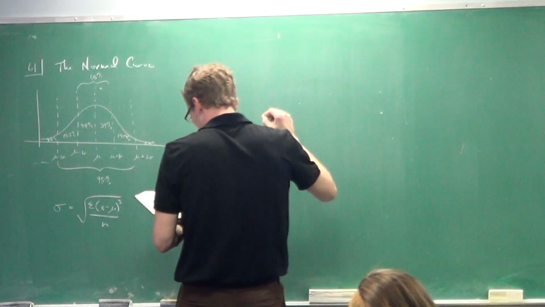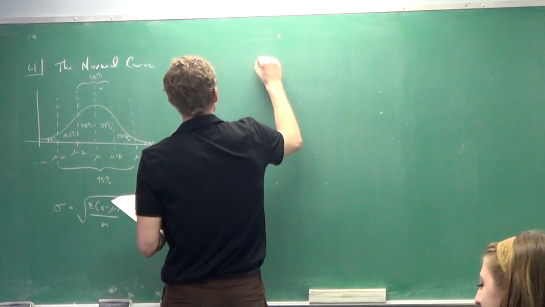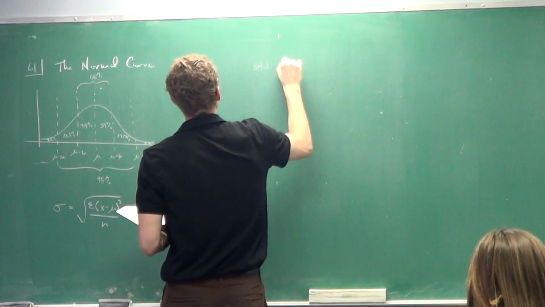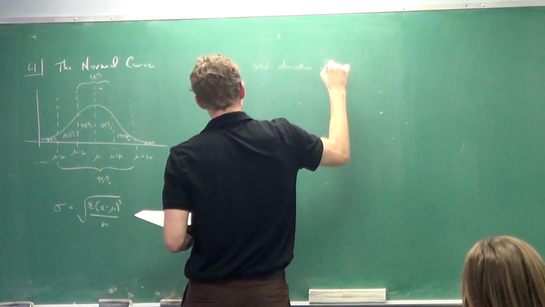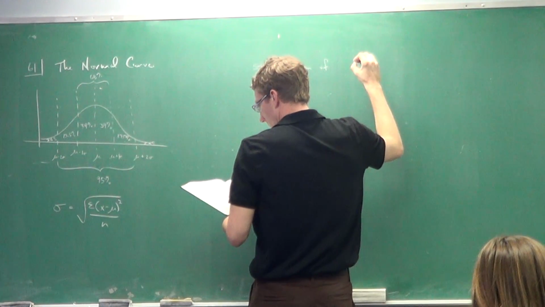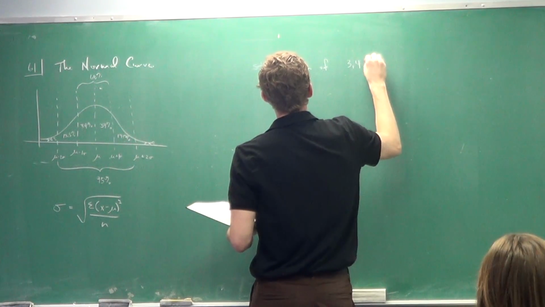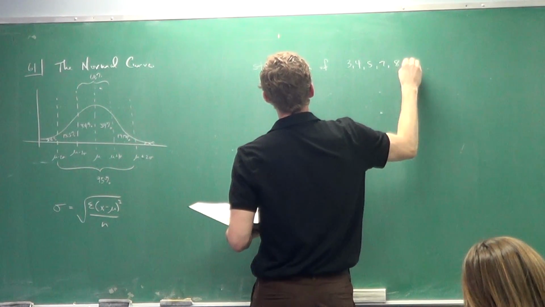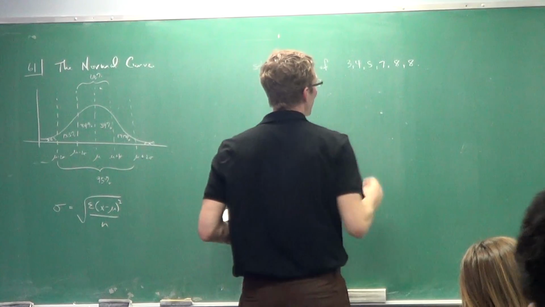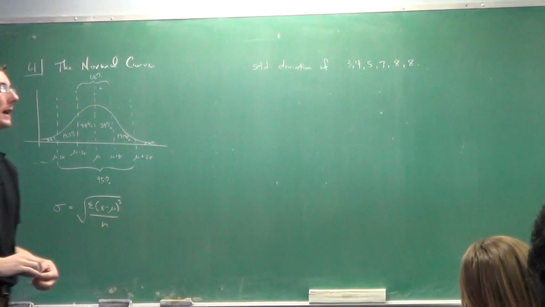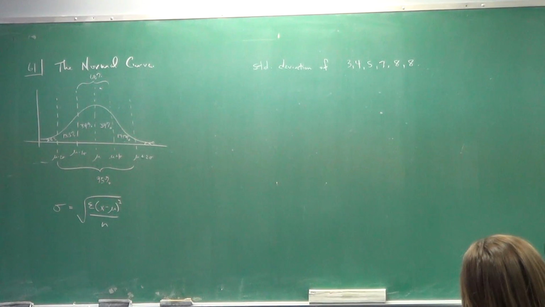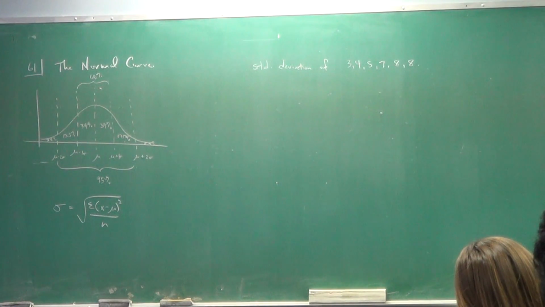So let's find the standard deviation of 3, 4, 5, 7, 8, 8. That's a set of numbers, and we can come up with the standard deviation for that set of numbers.